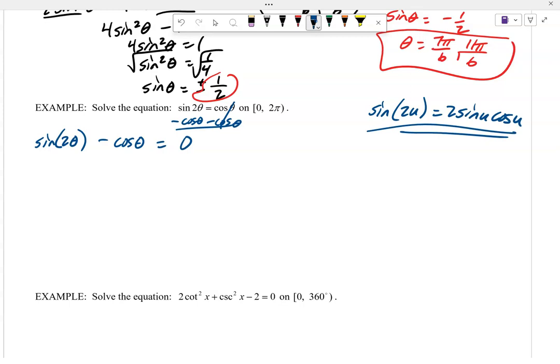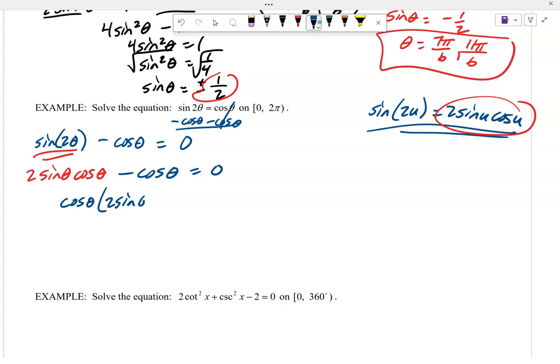Don't forget that one. You see that one quite a bit. So the sine of 2 theta would be 2 sine theta cosine theta. And then we still got the minus cosine theta. Now we can factor cosine theta out of each of those. And we have 2 sine theta minus 1 equals 0.